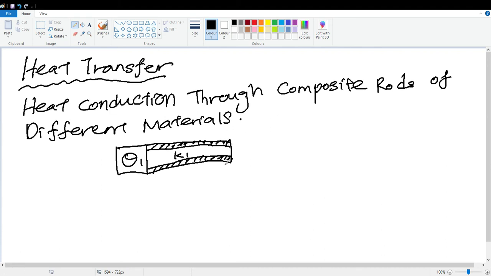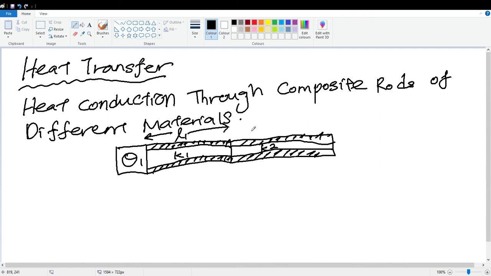This rod is attached to the second rod, which is also perfectly insulated, and consists of thermal conductivity K2. The first rod has a length of L1 and the second rod has a length of L2.